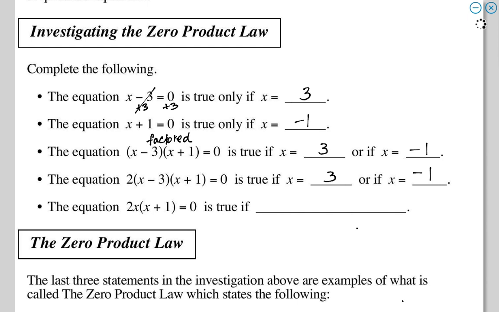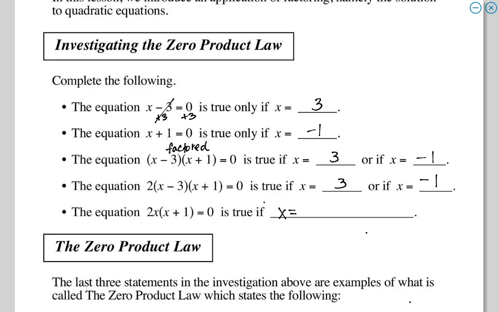Now this last bullet is a little bit different. When is this going to be true? Well, I can do the negative 1 still. Okay, that one comes from this guy. But the next one. So why would it just be 0?